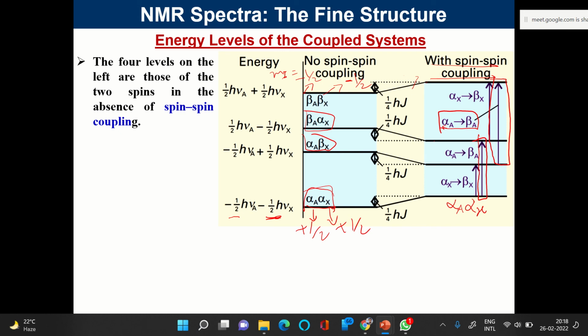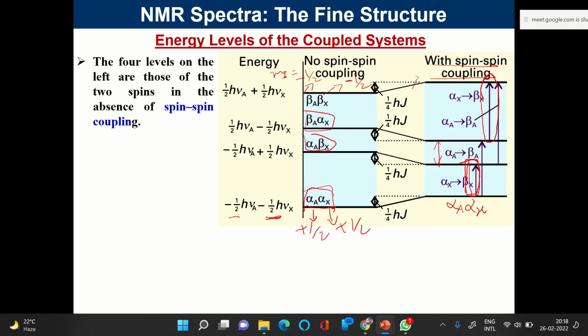Similarly, if you are looking at the X values, alpha X and beta X, you will find that they are also separated by the same amount. So look at the transitions here, alpha X to beta X, this is another alpha X to beta X. So this is the change at the X position, alpha to beta. And in both these cases, again the difference between the two arrows is this much.